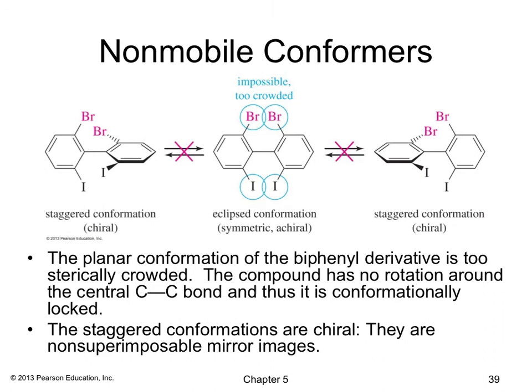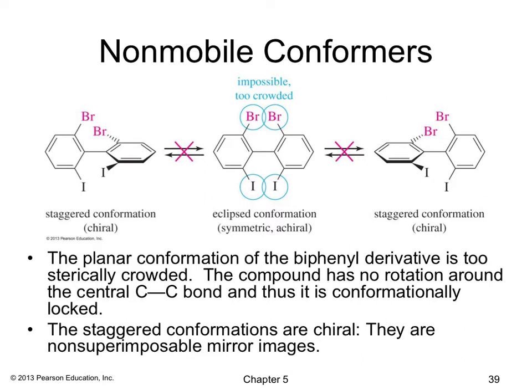But you can have what are called non-mobile conformers, in which you start off, for example, with this molecule. This does rotate, but the conformations over here of the bromine and iodine are in distinct places. This is the staggered conformation.